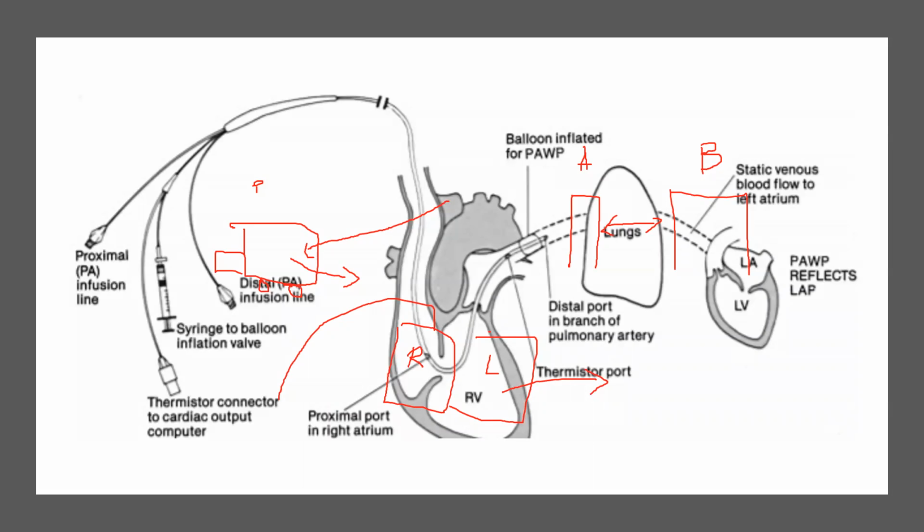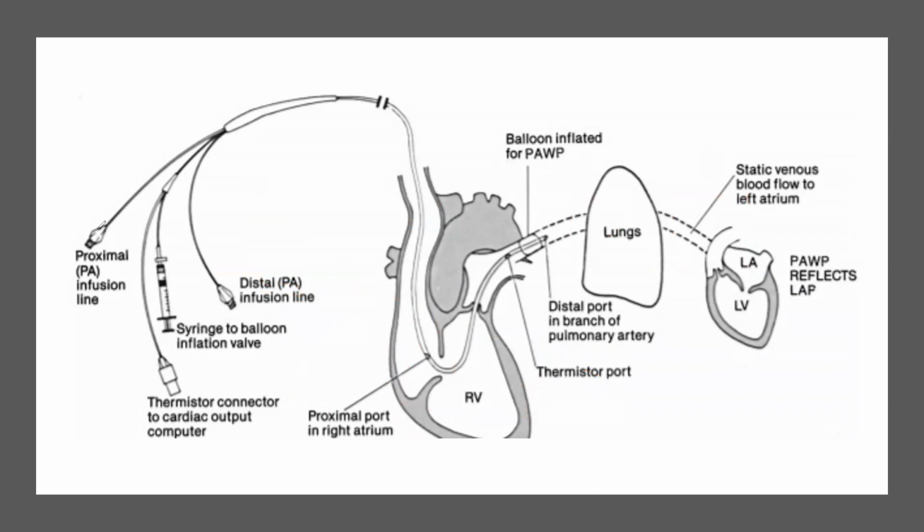And I'm now going to once again tell you the advantage of why we want to measure left-sided pressures as well. Okay, so if we have a catheter that is able to traverse into the right side of the heart, we're able to measure preload. If we have a catheter that is able to detect the pressures coming from this side, from the left side, then we are able, therefore, to measure afterload.